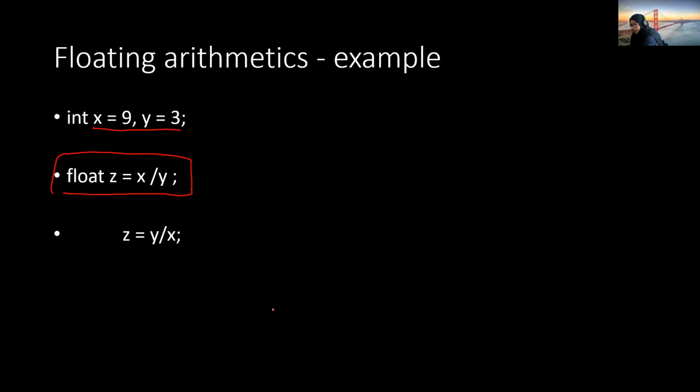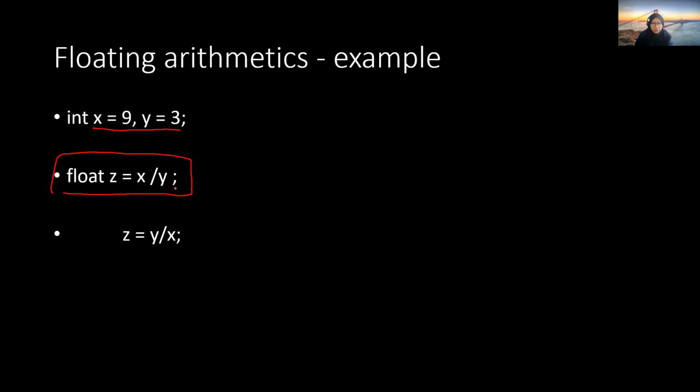X divided by y. 9 divided by 3. 3.000000, six zeros, because it's float unless you specify. So 9 by 3 is exactly 3. There's no argument about that.